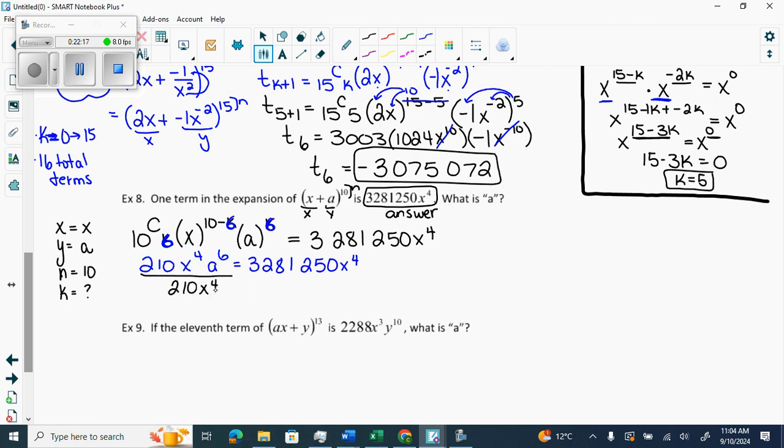So I'm trying to get the a by itself. The x to the 4 just completely cancels off, and the 210 does. So I'm left with a to the 6 equals, what was it, 15,000, 16,000. 15,600. Oh, that was right.